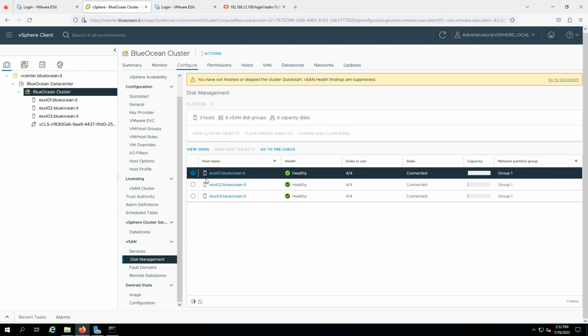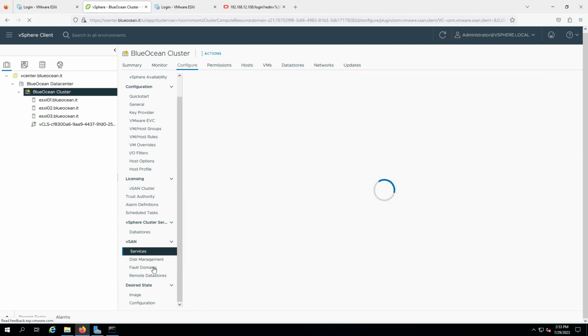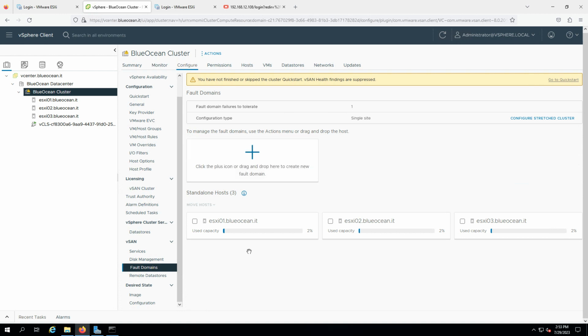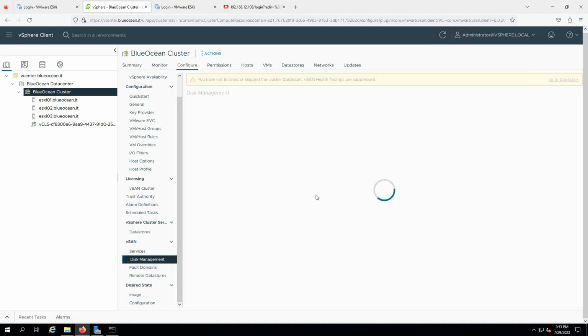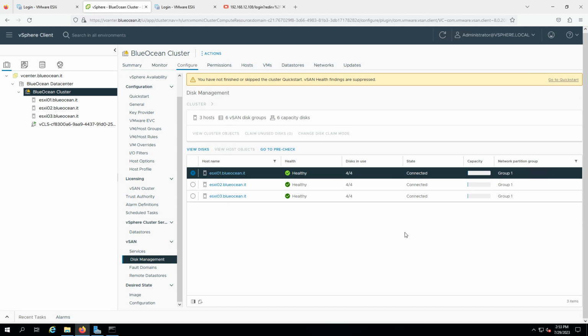I can see which disk is used for the cache or for the capacity. I can do all those things. Then there are fault domains. I have only one fault domain. That's it.